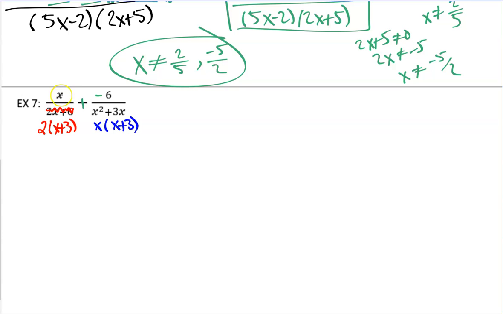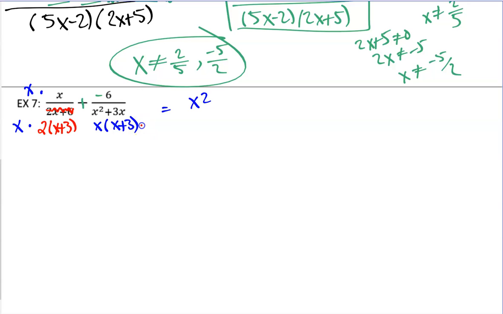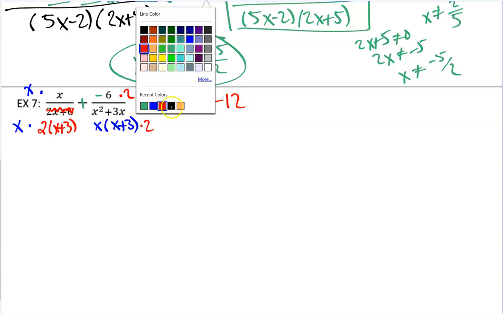So my first piece is missing the x, which is going to give us x squared. My second rational expression is missing the 2, so negative 6 times 2 gives me negative 12.